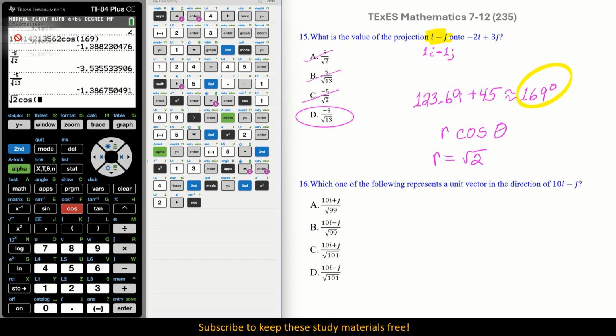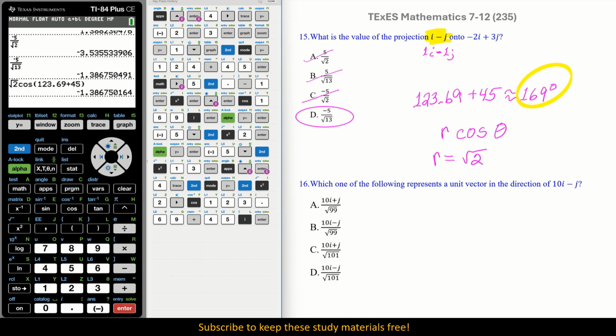That was where we took the square root of 2 and got a rounded value. So we're going to use the exact value, square root of 2. Now cosine theta, that's 123.69 plus the 45, close parentheses. I'm just going to do it all together and see what happens. Okay, now let's push enter.